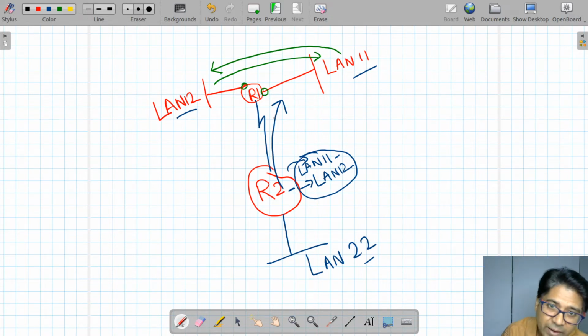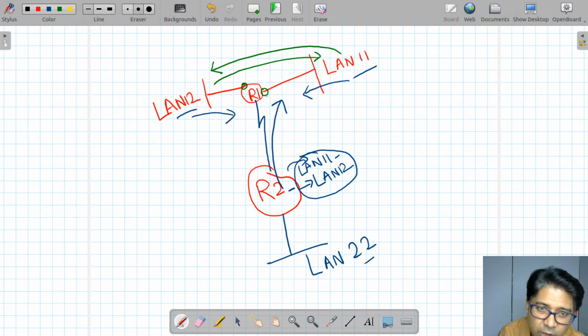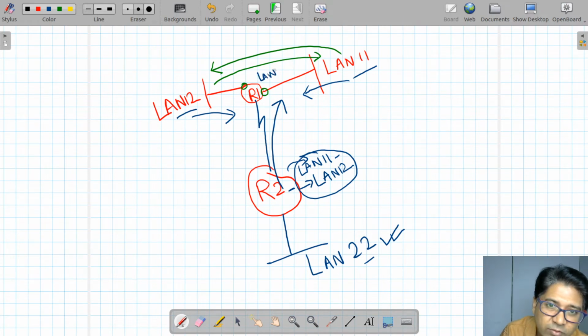The same way, R1 knows LAN 11 and LAN 12 but doesn't know about LAN 22, so you have to manually define LAN 22 on R1, so that when it receives a packet from LAN 11 for LAN 22, it knows where to send it.